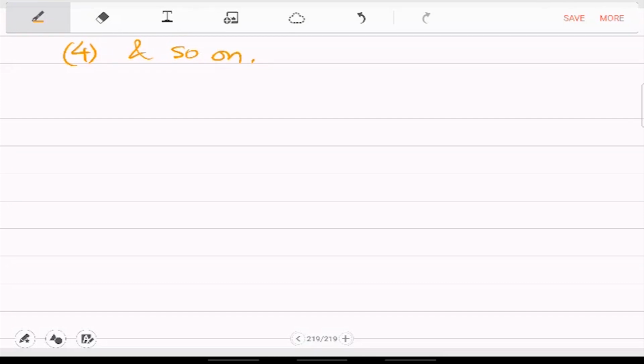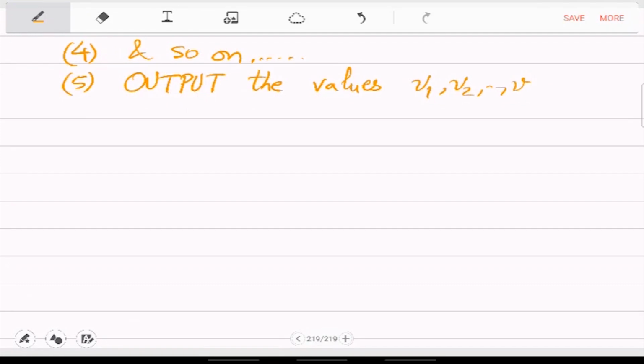And now you can output the values V1, V2 and so on up to V. We did not say how many variables there are in V. Suppose it was n. Can output that.